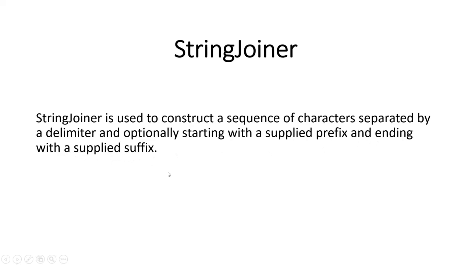So it basically says that we can join a sequence of characters with a delimiter, let's say comma or colon, that's your wish. And also if you want, you can have a prefix and suffix to a string. So a starting character and an ending character.